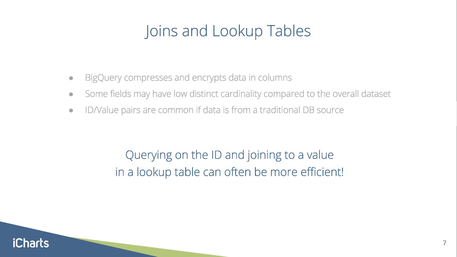And if you're getting data from a traditional data source and doing an ETL process that denormalizes everything, often enough in traditional databases, you'll start to see key value pairs, IDs and values, because that's the way an application has been set up in a relational way. But we can actually use that information to create lookup tables that can be referenced from the main denormalized data set.